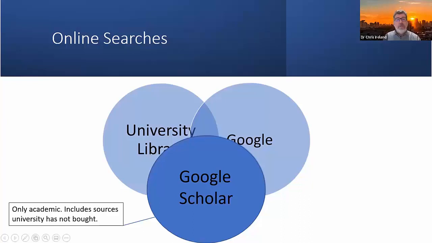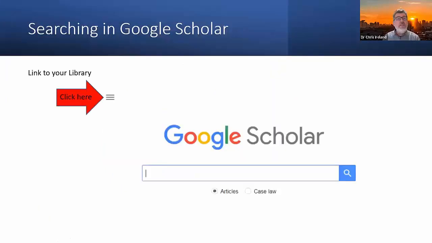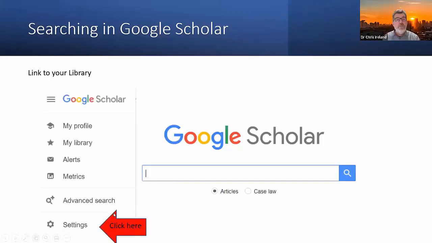So what I want to do now is take a closer look at Google Scholar. And the first thing I want to do, you may have this already, but some of you may not, is incorporating links to your library. So when you're in Google Scholar, if you click on the 3 lines, then you will get this menu.